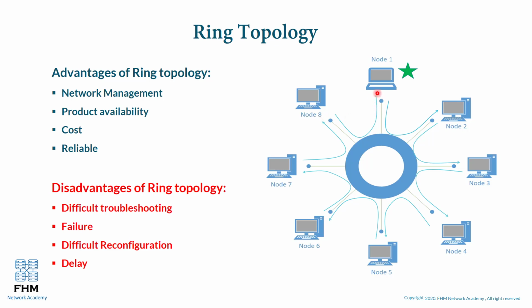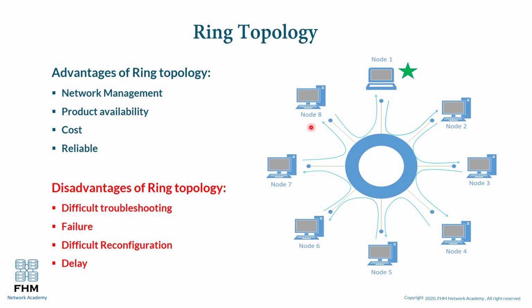I mean, when node 1 wants to send a signal to node 8, the signal should be sent to node 2, and node 2 should retransmit the signal to node 3, and then node 3 sends to node 4, and node 4 sends to node 5, and this procedure continues to send information or signal from node 7 to node 8.